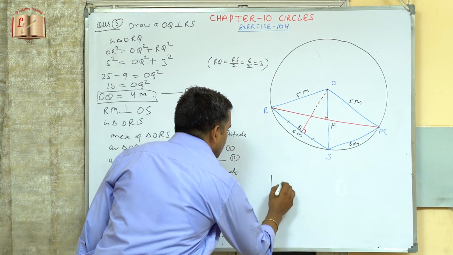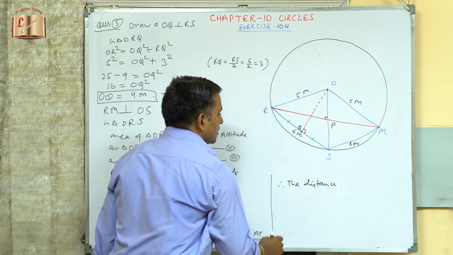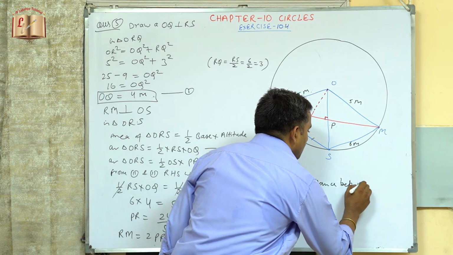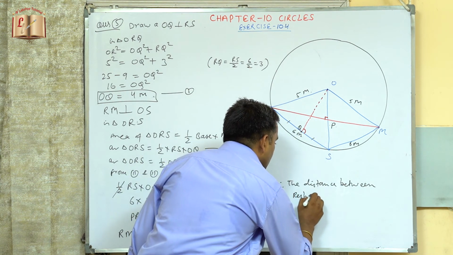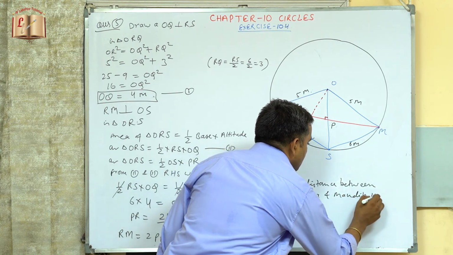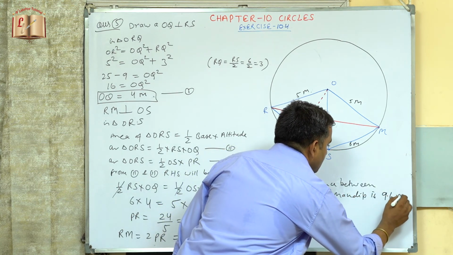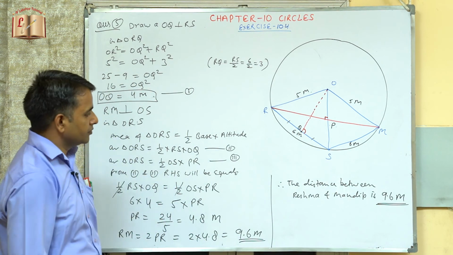Therefore the distance between Reshma and Mandeep is 9.6 meters. So this is our answer.